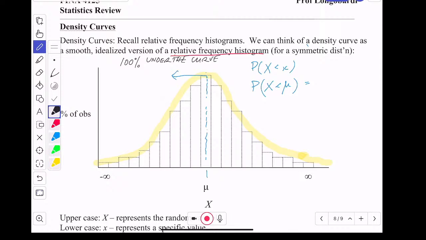The mean is also the 50th percentile. It means that 50% of the observations are to the left and 50% are to the right. So the percentage of observations that are less than the mean is 50%.